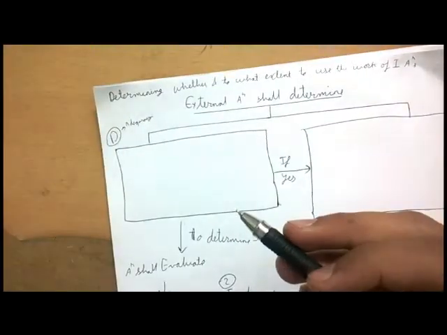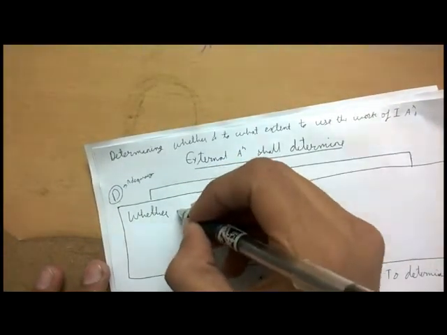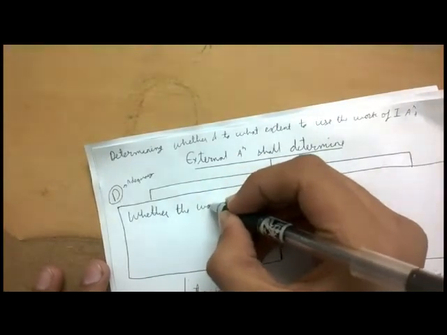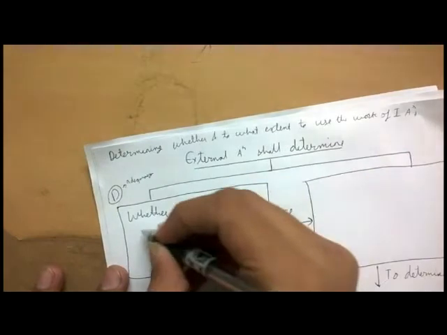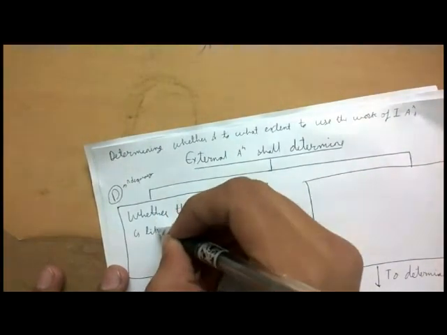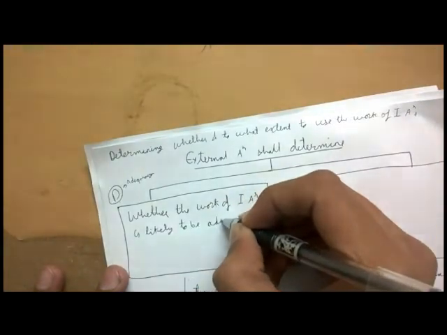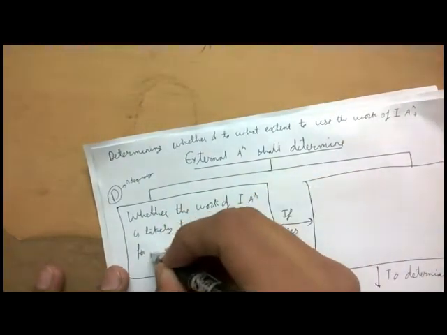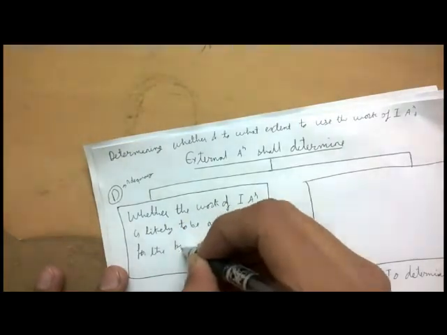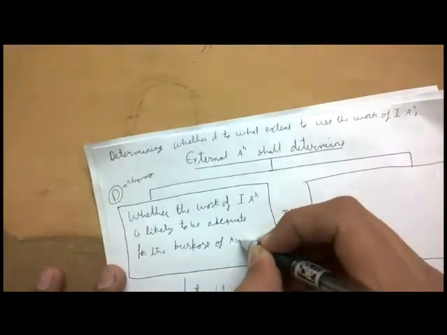So the first thing, the external auditor shall determine whether the work of the internal auditor is likely to be adequate for the purpose of audit.